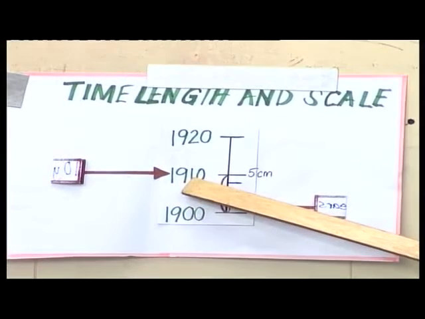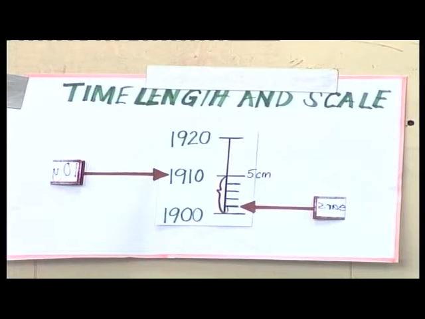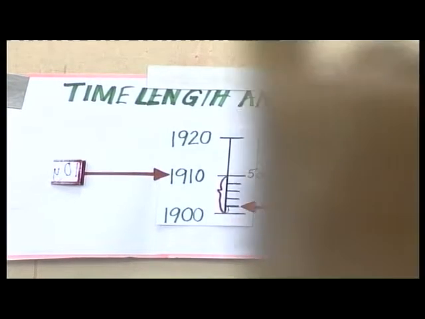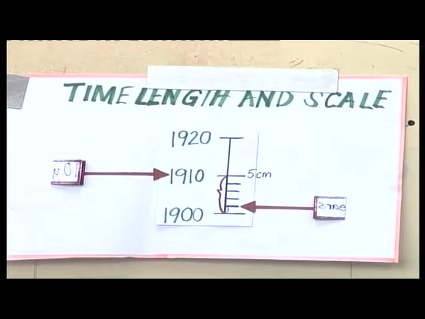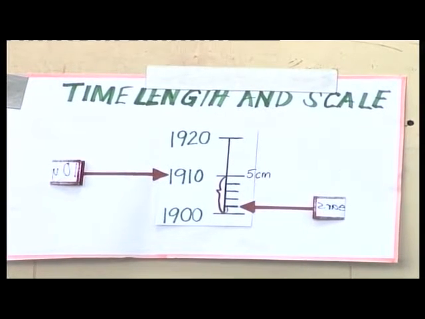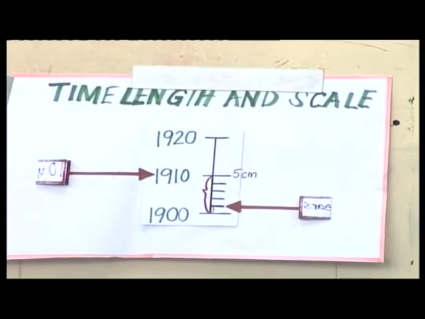How about from 1910 to 1920? How many years is that, Michaeline? Receiving student, from 1910 to 1920, how many years is that?